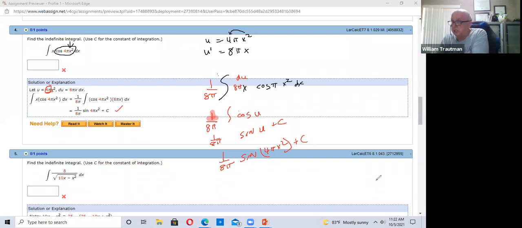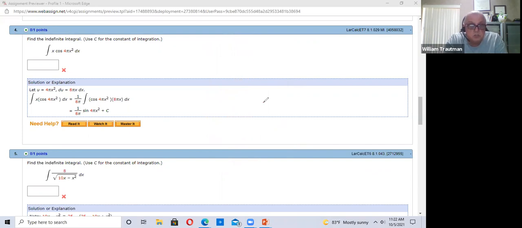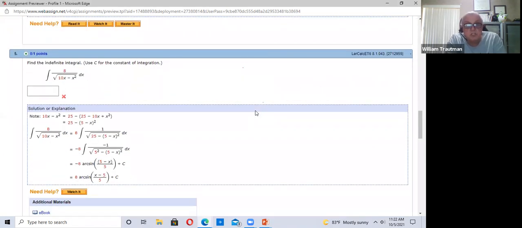I think I wanted to do number 5 also, because number 5 was completing the square. So we want to look at number 5. If you see, they match up to what we did before: you see an x squared with an x in there.